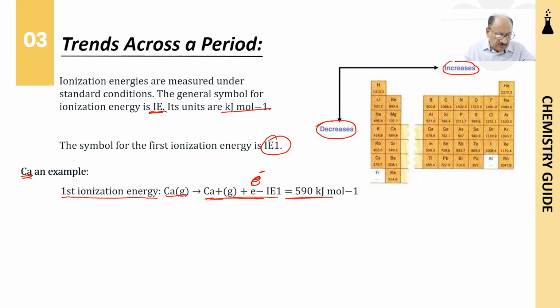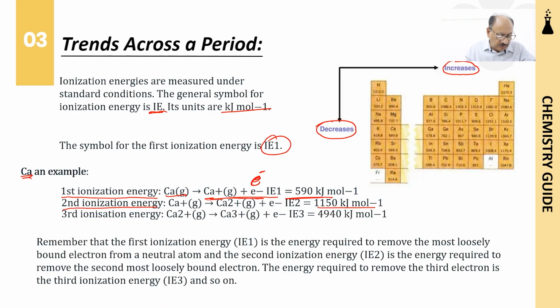The second ionization energy we can show like this as well. This is how we show first, second and third ionization energies, and you can see the second and third are also increasing.